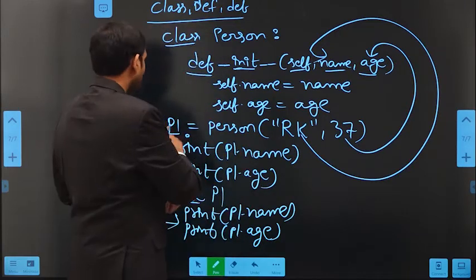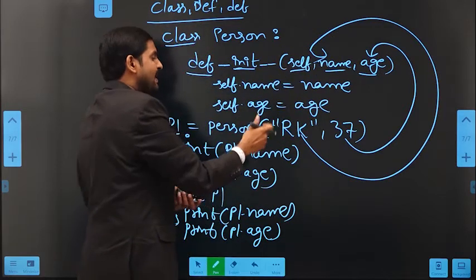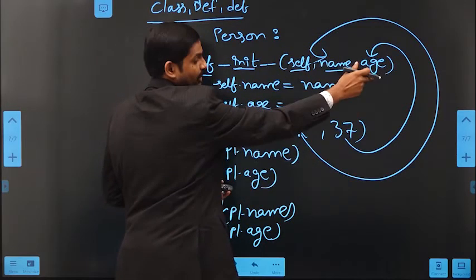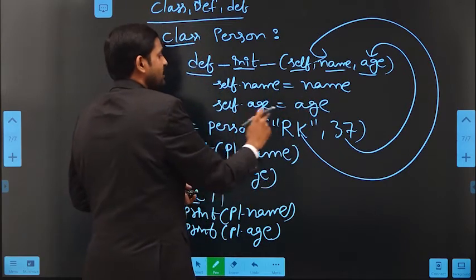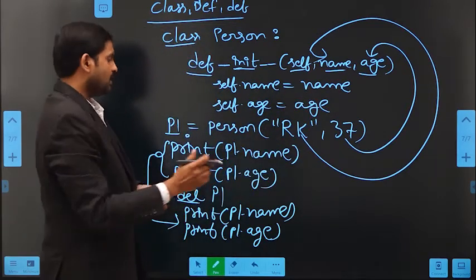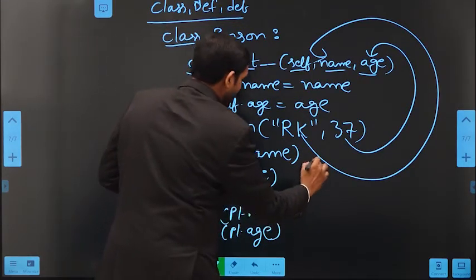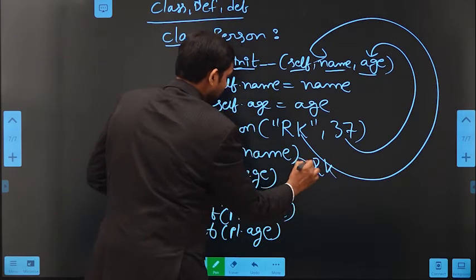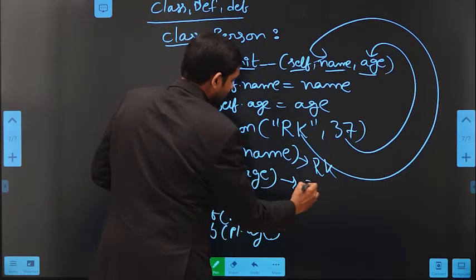Here also, once you create the object, the constructor is invoked by passing the values to the arguments. Now name holds RK, age holds 37. If you print P1.name, what does it print? RK.